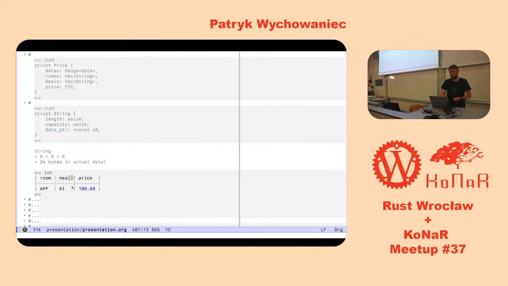What this boils down to is that if we have 3 characters in the input file, then when we parse them, they would be parsed into 27 bytes worth of memory, because we would allocate the string with length, capacity, and data pointer, and then allocate the 3 actual bytes that we mean.